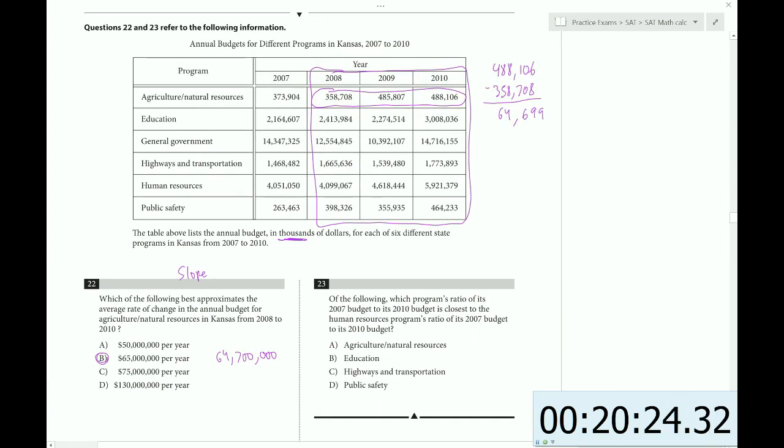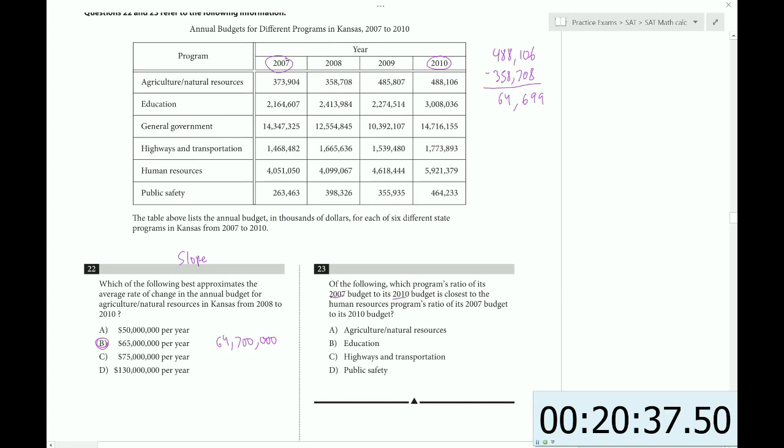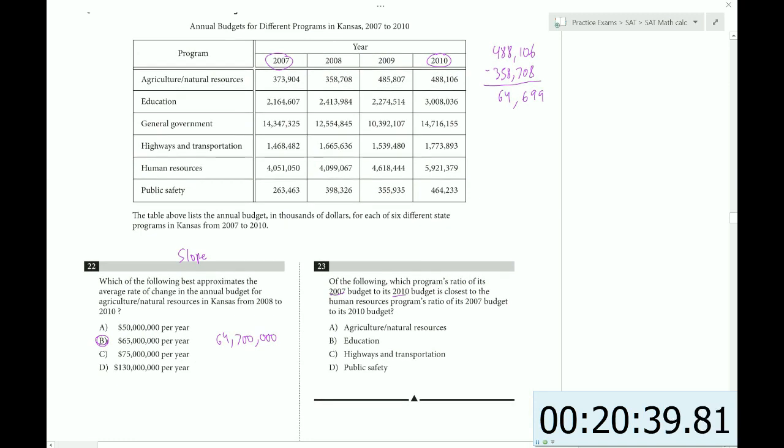Okay, which program's ratio of its 2007 budget to its 2010 budget is closest to the ratio for human resources?